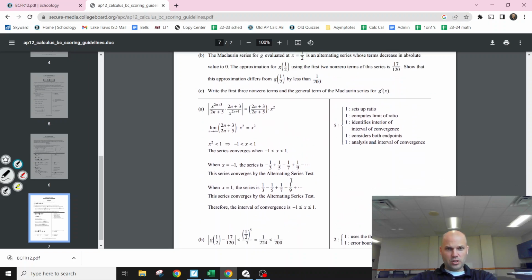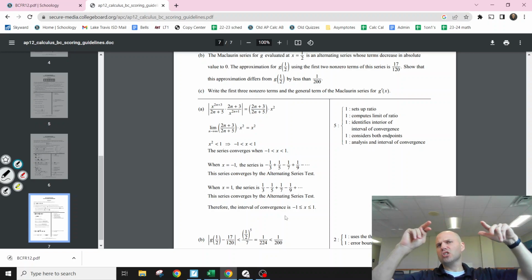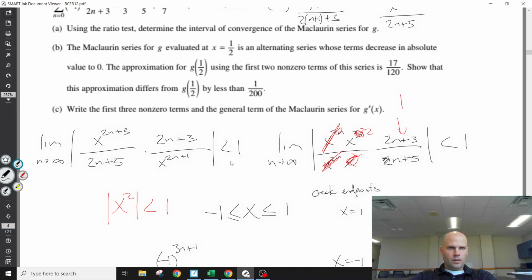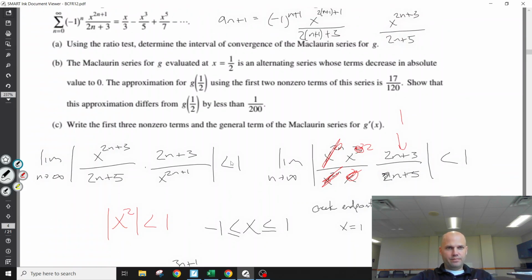Analysis. Just considering endpoints. Yeah, they're both alternating series. But this time they just say they converge by the alternating series test. And then in the later years, they're like, you need to say that it's an alternating series whose terms magnitude decrease to 0. Anyways, that's 5 points there.